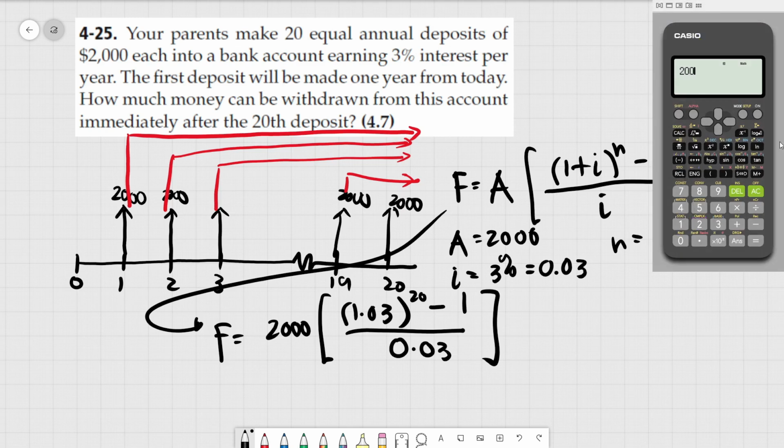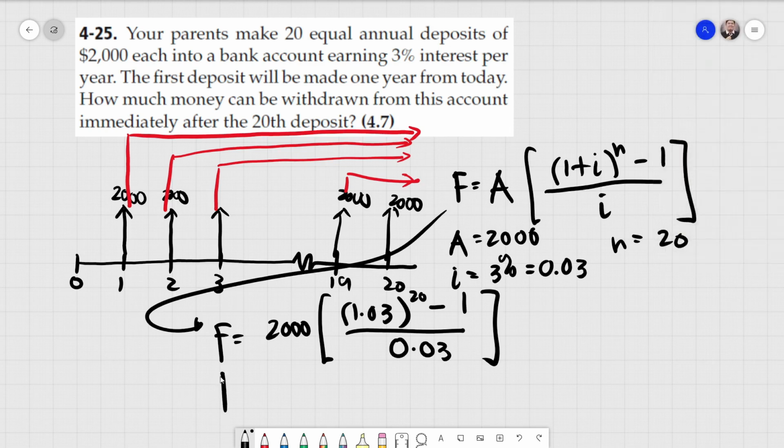So, we have 2,000 multiplied by the quantity 1.03 raised to 20 minus 1 all over 0.03. So, close parenthesis. So, your parents can withdraw $53,740.75 immediately after making the 20th deposit.